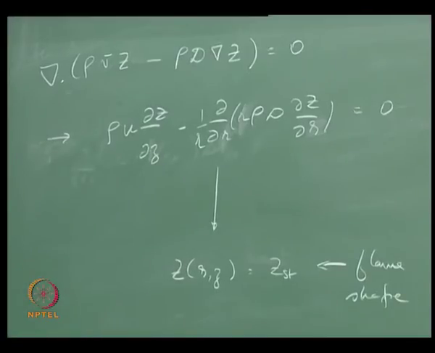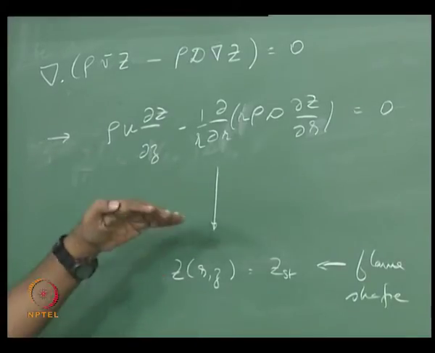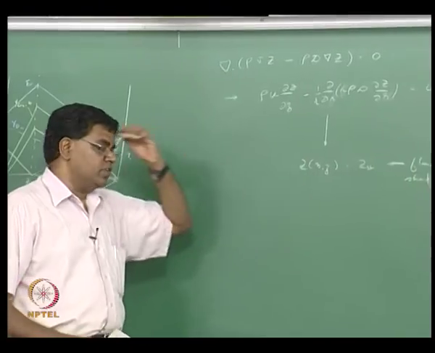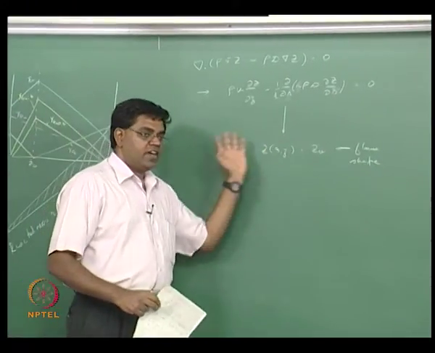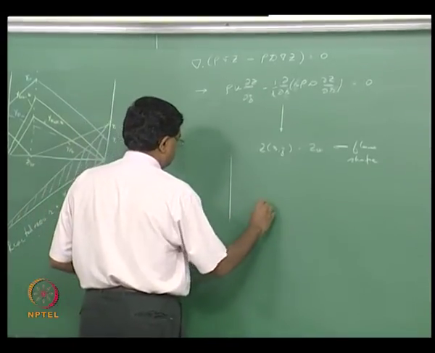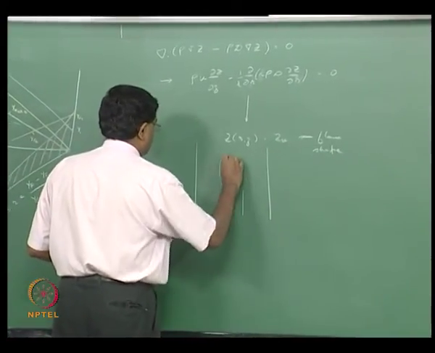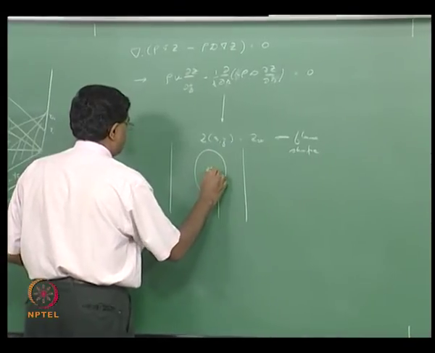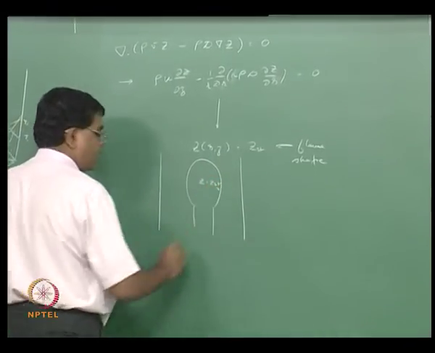Right, so you could go ahead and do your solution that way, and once you do this, on either side in the burner, let's say you have your flame like this. This is your z equals z stoichiometric.